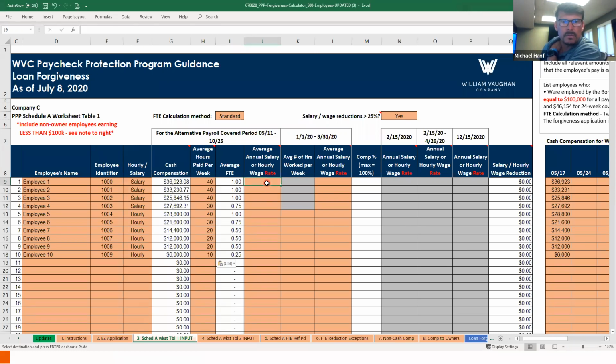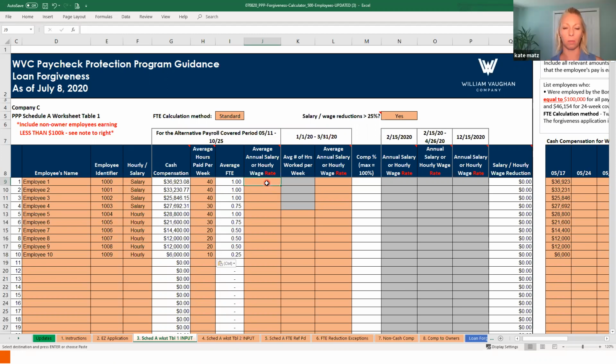The exception to that is, and Kate, as we go through here, maybe in the Q&A we can cover it, if you terminate somebody for cause, they do not count against you, or if they voluntarily quit. So there are certain scenarios where you get to exclude them from the mathematics. But unless they meet one of those criteria, regardless of how many weeks they actually worked during the covered period, you're dividing their hours by the full 24 weeks.